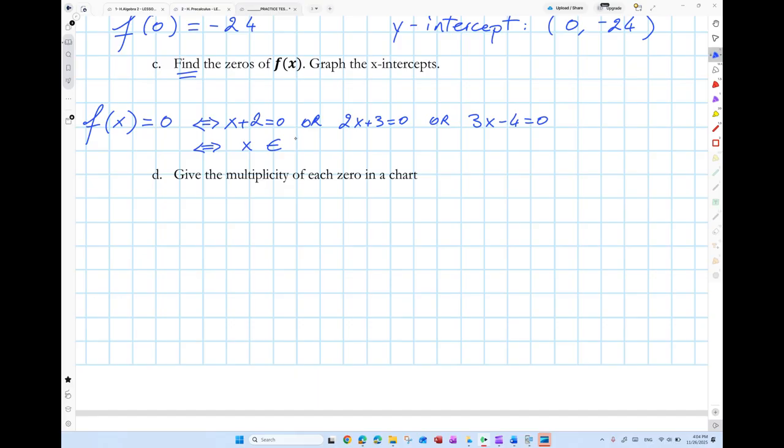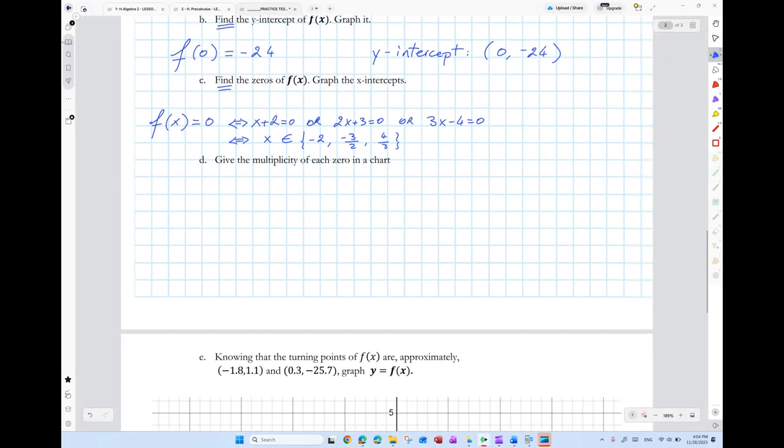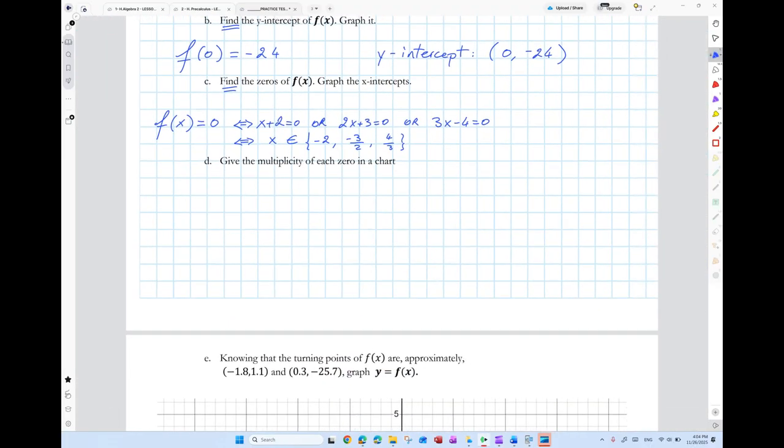That means that x belongs to negative 2, negative 3/2, and for this last one, 4/3. So let me graph both y-intercept and x-intercepts.